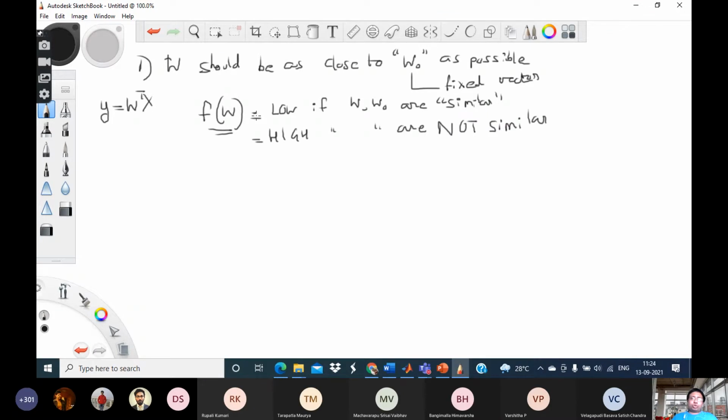Right? So can you suggest a function for fw which satisfies this criteria?